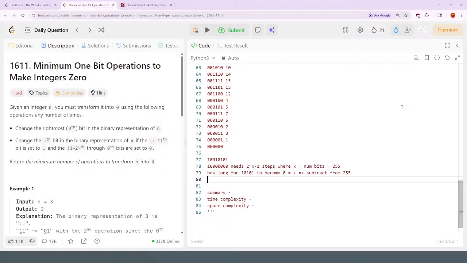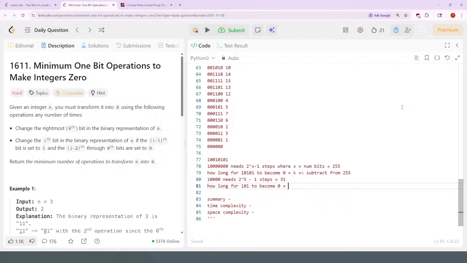So I know for 1010 it would eventually need, I know that 1000 needs 2 to the 5th steps minus 1. So that's going to equal 31. And then the next question is how long for 101 to become 0?